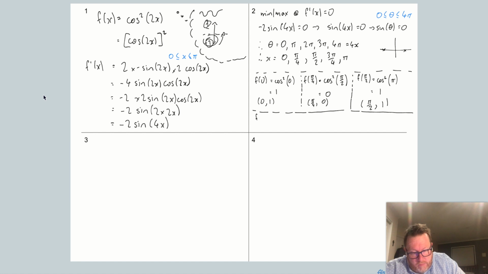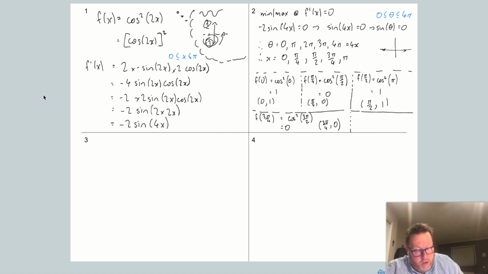So we've got f of 3 pi on 4 is equal to the cosine squared of, so 3 pi on 4 multiplied by 2 is 3 pi on 2, and 3 pi on 2 is down here where cosine is 0, and so we get that equal to 0. So that means 3 pi on 4 has a y-coordinate of 0.